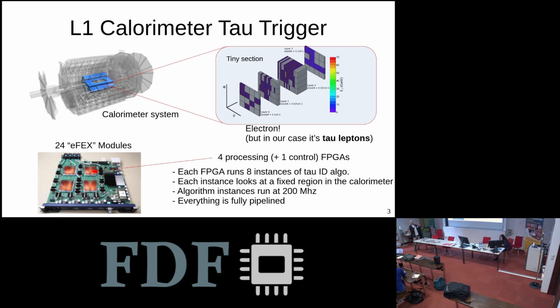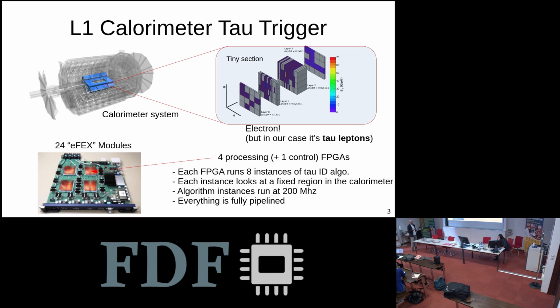It is a structure of cells, and it has multiple layers. This is an example of how a 70 GeV electron would look in a calorimeter. But in our case, I was focusing on the tau lepton particle.